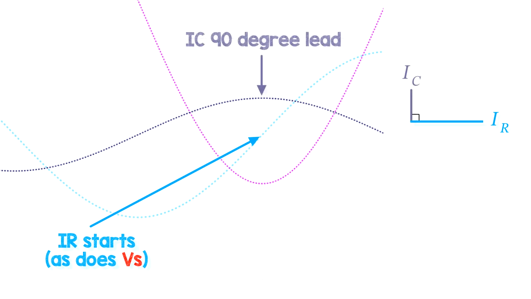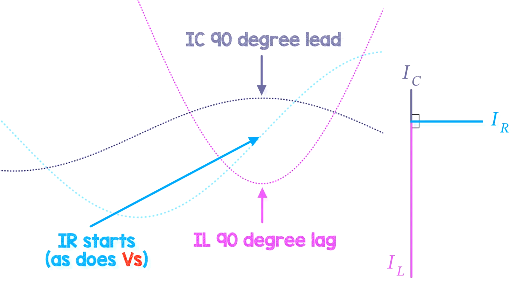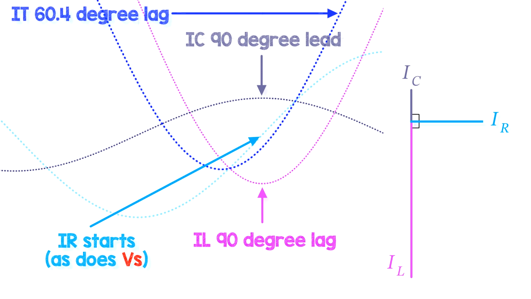And then if you notice, the capacitor current is at its maximum value, so it's already started. So it's leading by 90 degrees. It's leading the total current, it's leading everything, but it's leading the supply voltage by 90 degrees. Then the inductor current is at its minimum value, lagging the resistor current and the supply voltage.